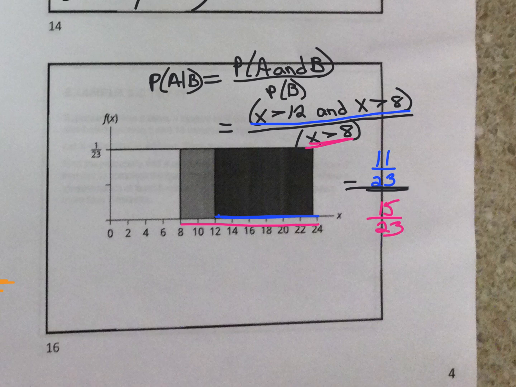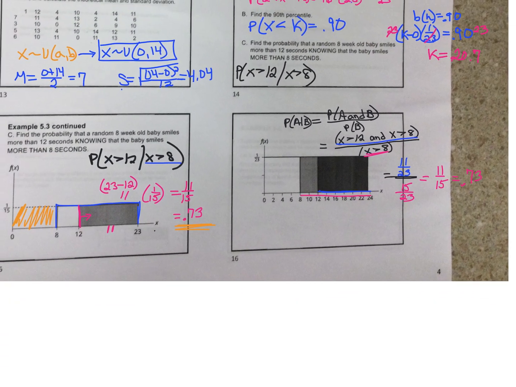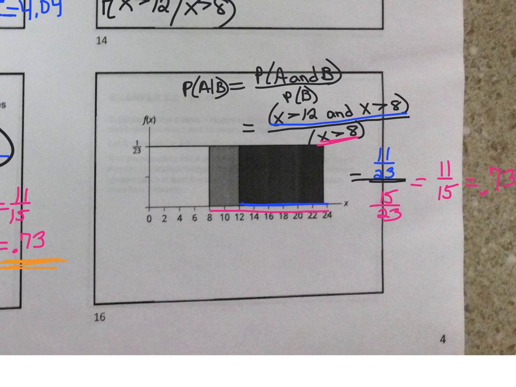So I get 11 over 15, which is 0.73. Exactly the same 11 over 15 that I got here.